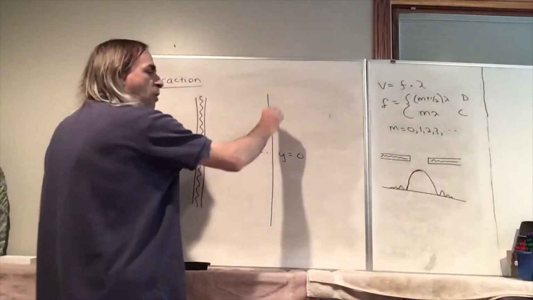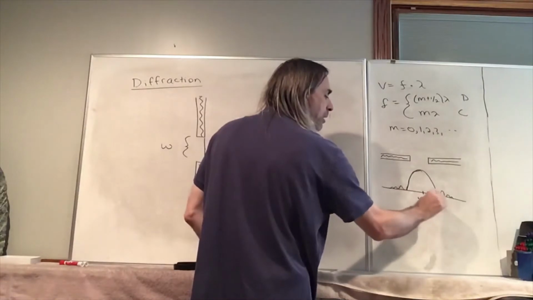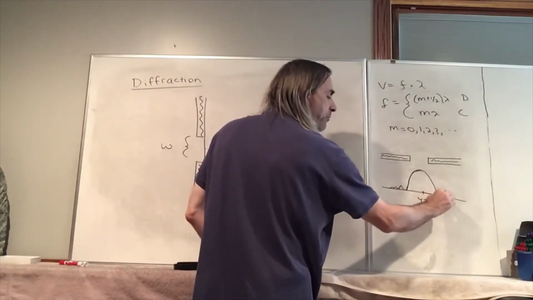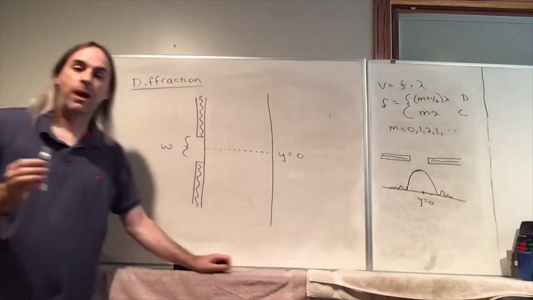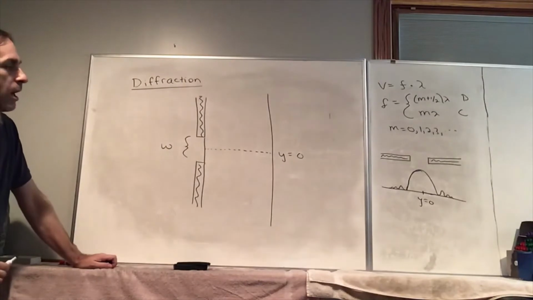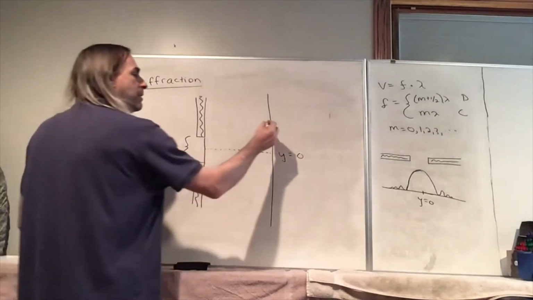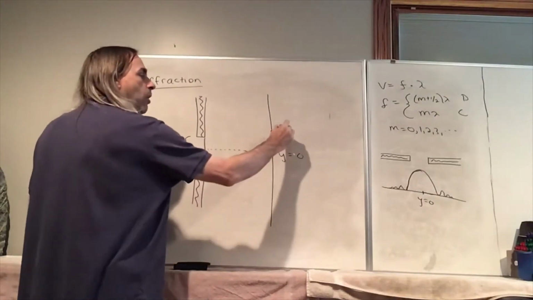But then as we move away from the screen, so again, this point here would be y equals 0. As we move away from the screen, the maximum intensity is going to occur right in the middle. And as you move away from that, eventually at some point, let's say right here, the intensity is going to go to 0.